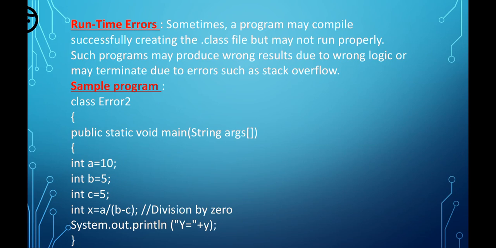But if you are doing 10 divided by 5 minus 5, which is 10 divided by 0, we can't do this kind of computation. So this comes under exceptions. These runtime errors are nothing but exceptions. So maybe the program is good and it worked well, but some part results in our program being terminated.